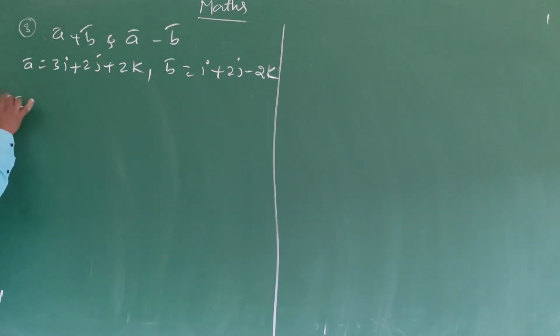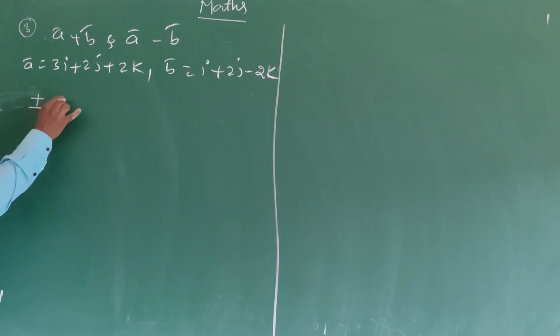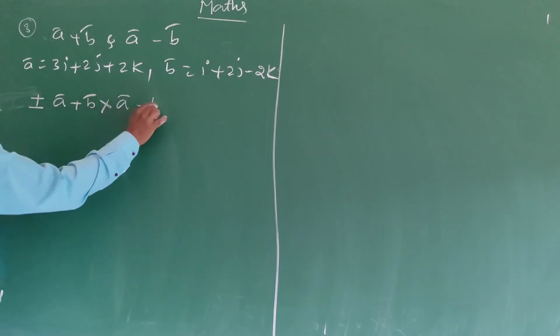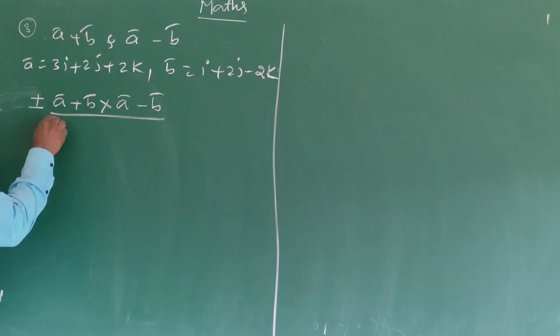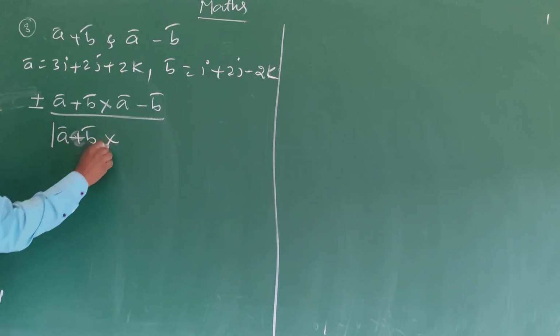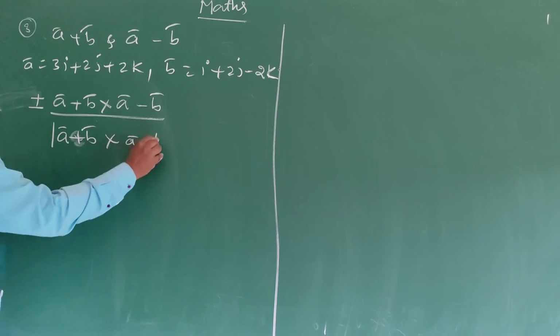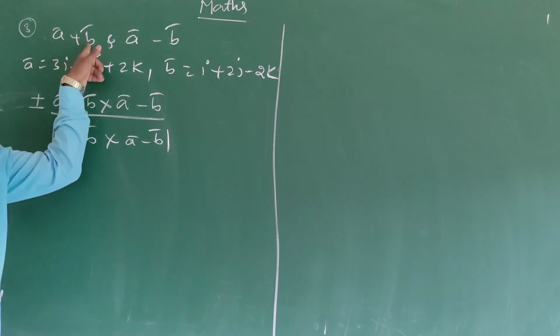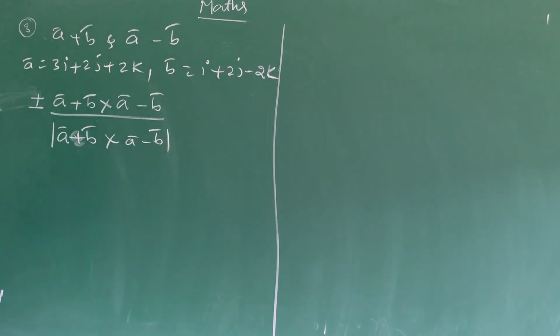Now the formula is plus or minus (a bar plus b bar) cross (a bar minus b bar) divided by the magnitude of (a bar plus b bar) cross (a bar minus b bar). This is the unit vector perpendicular to a bar plus b bar and a bar minus b bar.